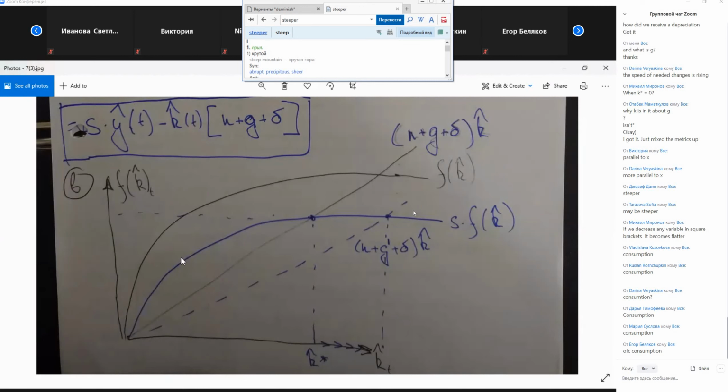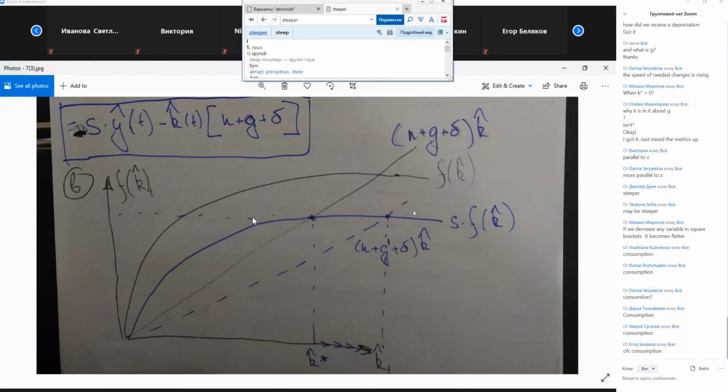So basically we save more than is needed to compensate depreciation, growth of technology, growth of population. Here our workers gain capital every instance of time. They get more and more machines, so they become more and more efficient.